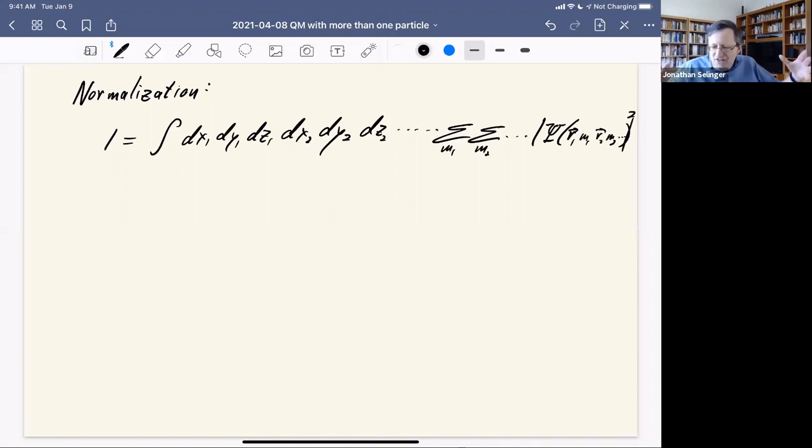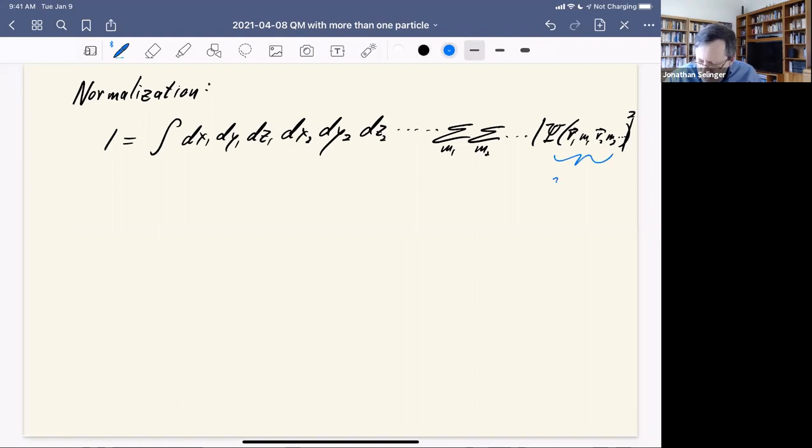Okay, so it's a big generalization of the kind of thing that we've had before, right? So you could say, each possible coordinate, each thing that a wave function can depend on, that's all the positions and all the spin states, they all get fed into this wave function.